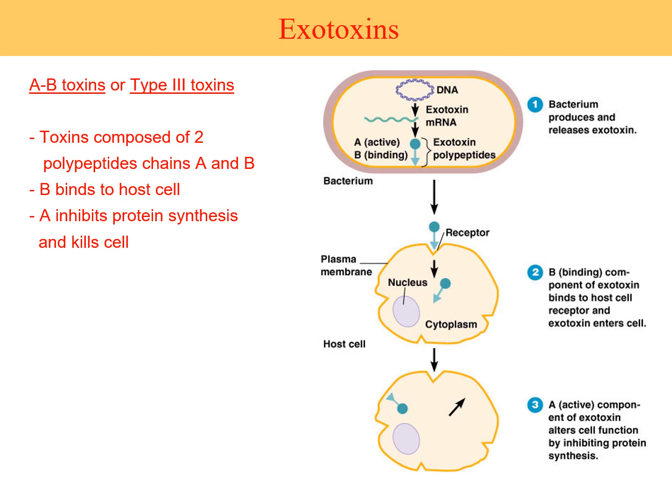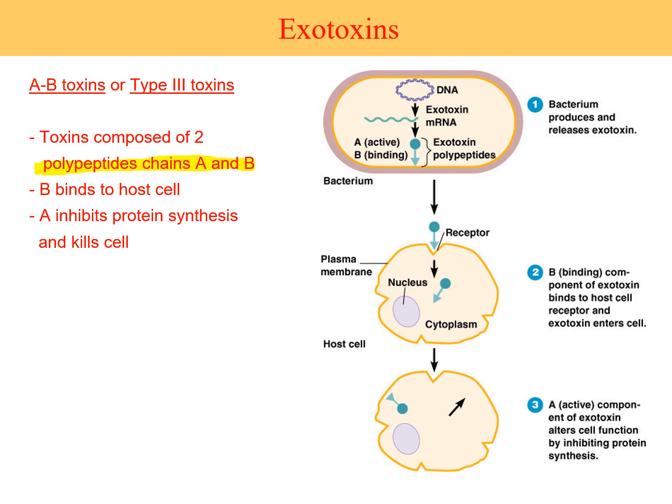AB toxins, or type 3 toxins, have a different approach in the mechanism by which they damage tissue. They are made up of two polypeptide chains. There is an A chain and a B chain polypeptide. They're proteins, so they have two chains held together by covalent bonds between the two chains, usually disulfide bonds.